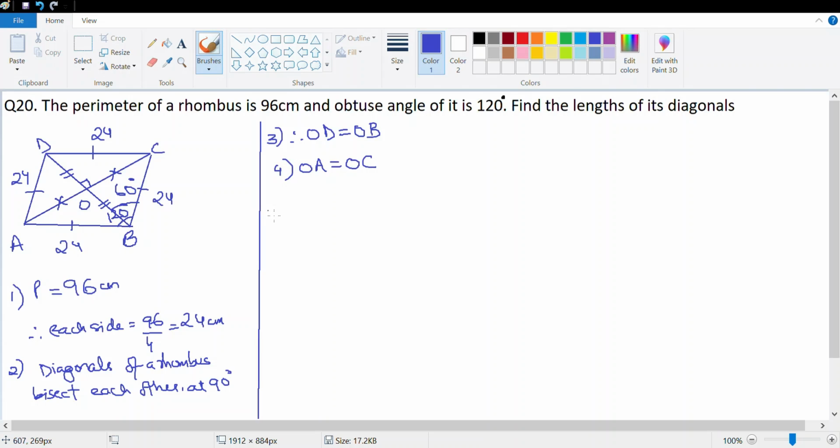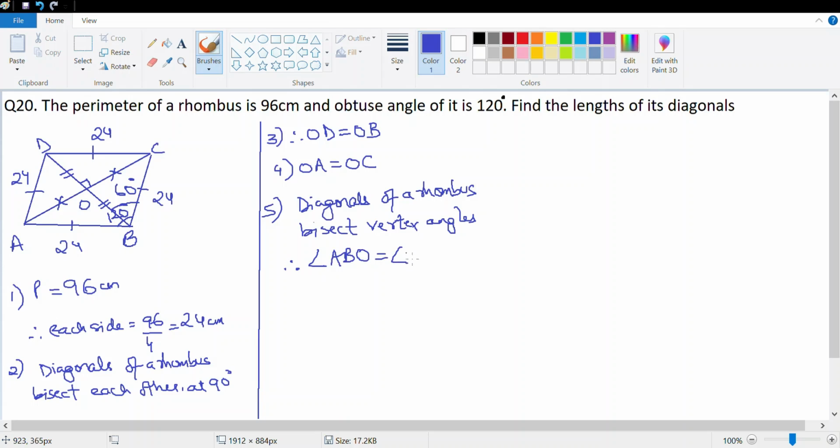Next point, diagonals of a rhombus bisect vertex angles. Therefore, angle ABO is equal to angle CBO is equal to 60 degree.